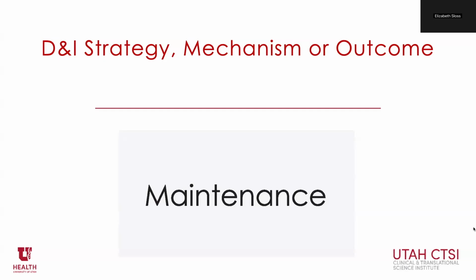But with a determinant, there's no conceptualization about how it's responsive to strategies and how changes in it lead to an outcome. So I prefer to think of them as mechanisms, but if you wrote, in my determinants model, I have relative advantage, compatibility, complexity, all of these things that I think are mechanisms could also be labeled as determinants.